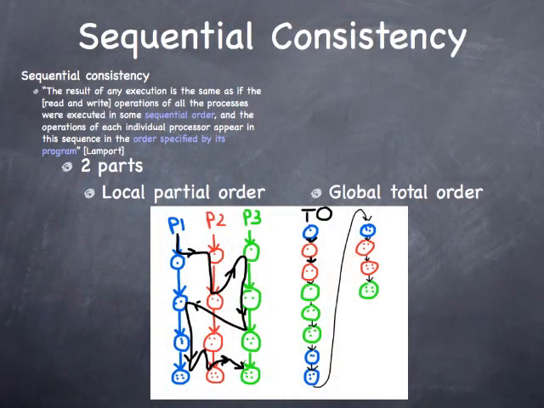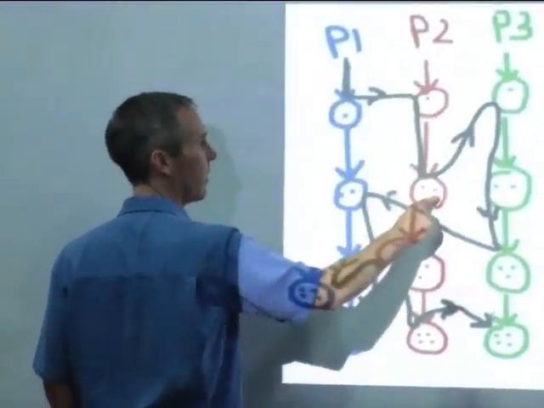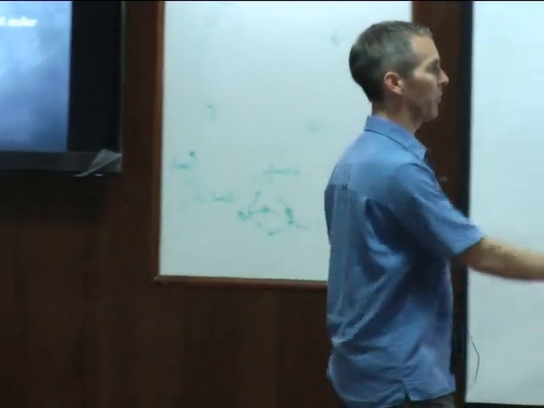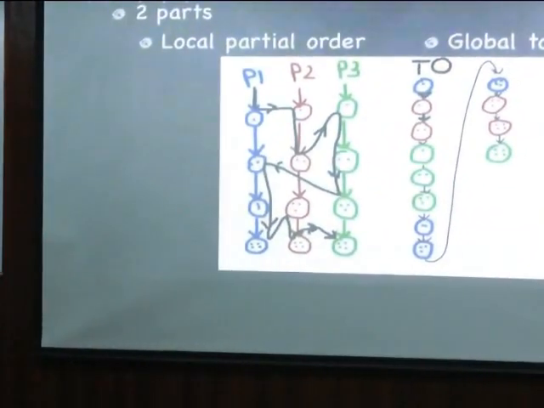So if I could go through and say that, well, what really happened in the total order was this happened, then this, then this, then this, then if I can come up with an order that is both consistent with the local order, but also consistent with all the operations in a total order, then we've got sequential consistency.